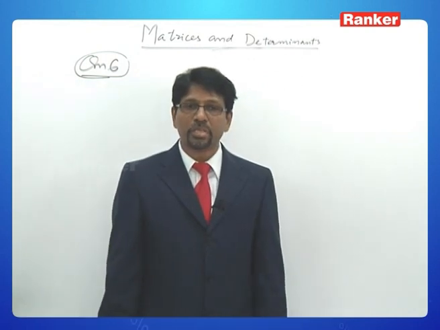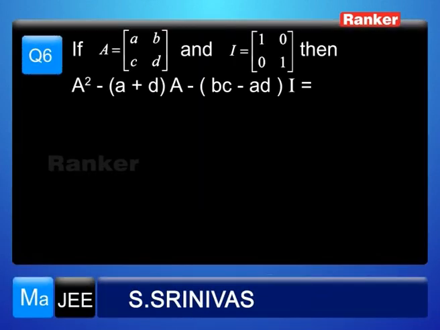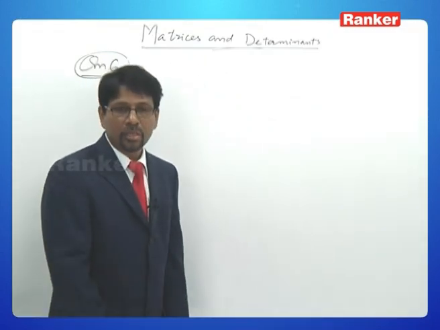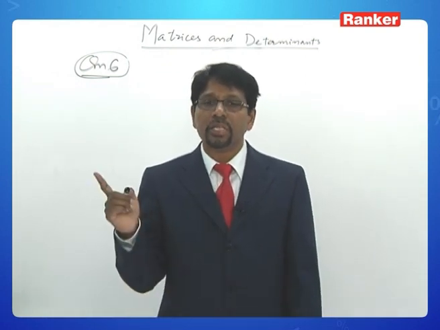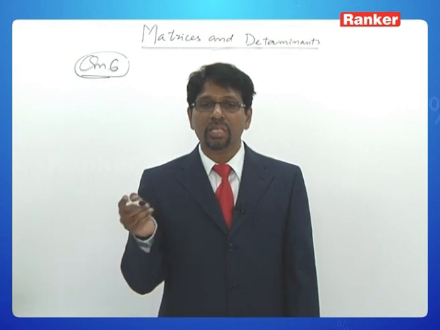Okay, let's move on to the next question, question number 6. Here, if A is equal to the matrix (A, B, C, D) and I is equal to the identity matrix (1 0, 0 1), then A square minus (A plus D) into A plus (AD minus BC) into I is equal to: option 1, 0; option 2, I; option 3, 2I; option 4, A minus D. Now first of all, the fourth option is ruled out because A minus D is a number.